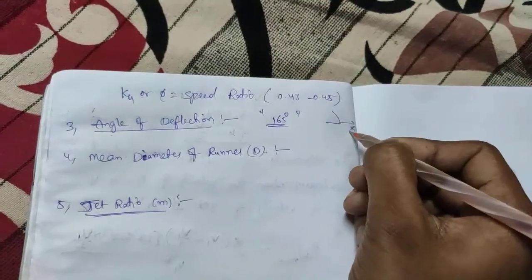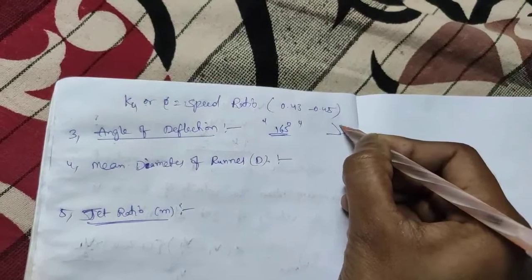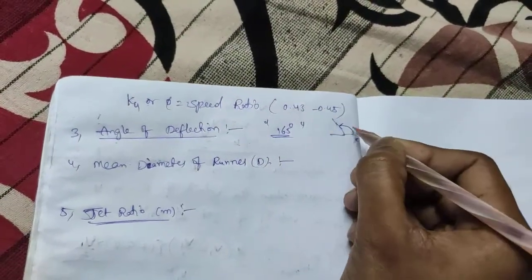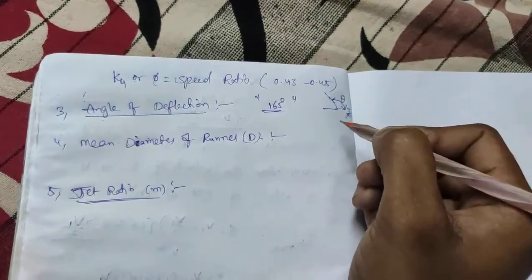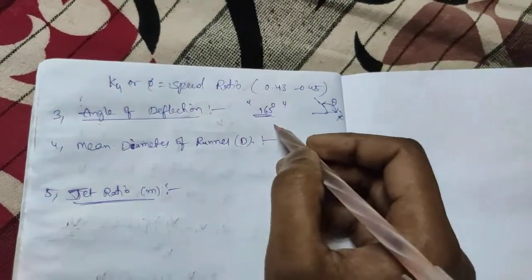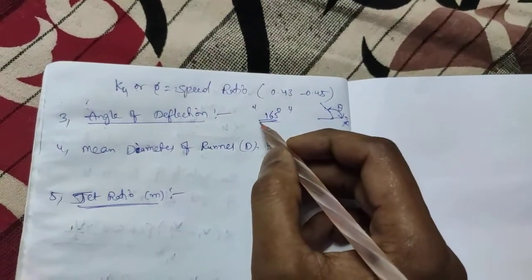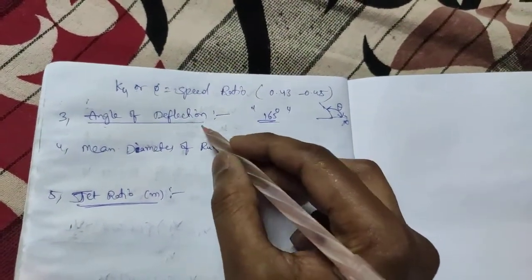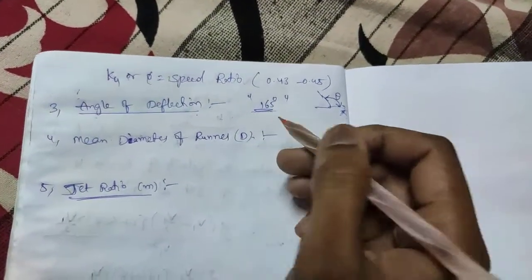If this is the x axis, we measure the angle from the x axis to how much it deflected. This is the angle of deflection. If no angle of deflection is given in the problem, we consider 165 degrees.